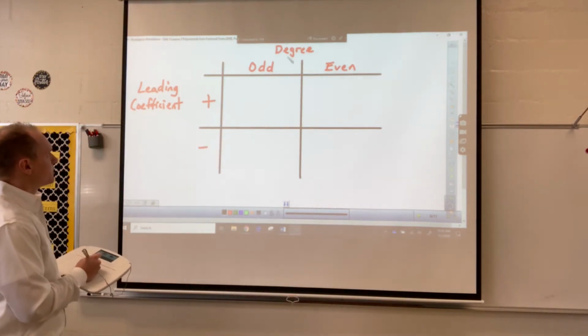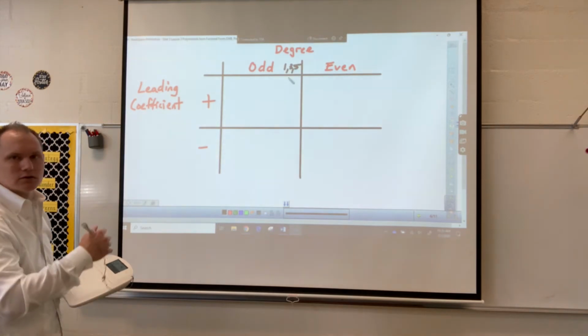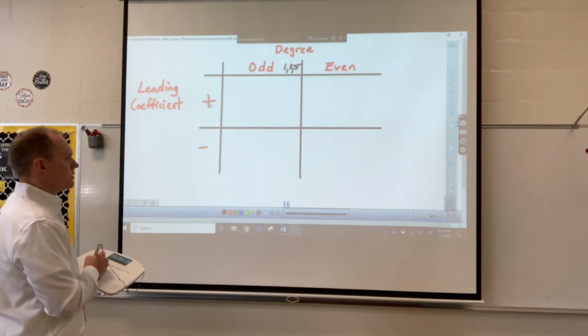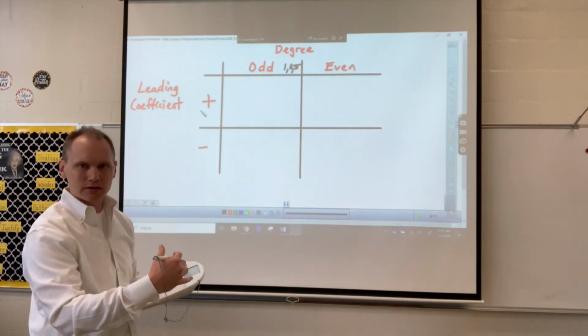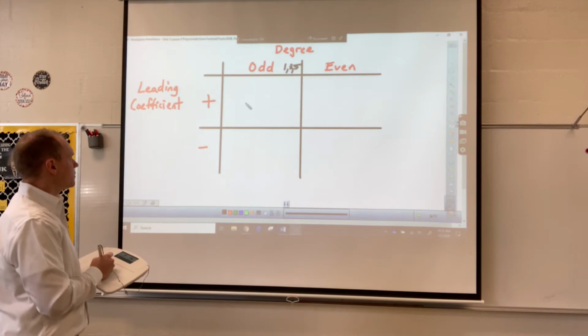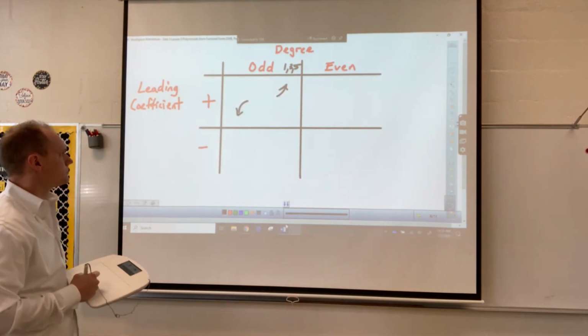So we have the degree across the top here. If it's an odd degree, for example, 1, 3, 5, so a linear, a cubic, quintic, and so on, then if the leading coefficient is positive, so if the number out in front of x cubed or x to the 5th or whatever is positive, then it's going to be down to the left and up to the right.